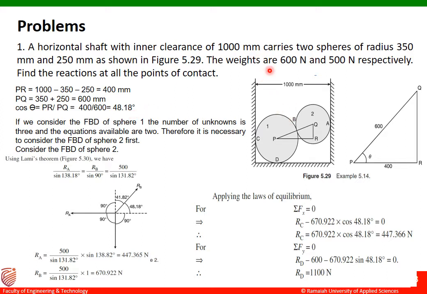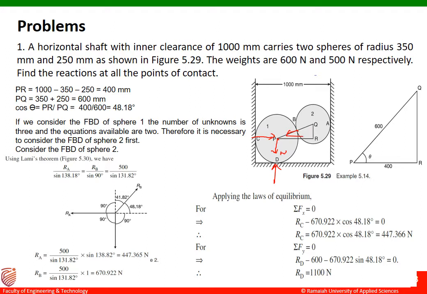Okay, next we have to see at what point we can apply Lami's theorem. The very first step for any given problem is to draw the free body diagram. Let us see at which sphere we can apply Lami's theorem. When we go for sphere 1, we have this weight, this reaction coming here, the reaction coming from the bottom side, and the reaction coming from this end.